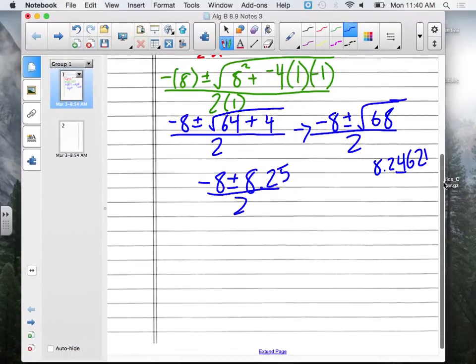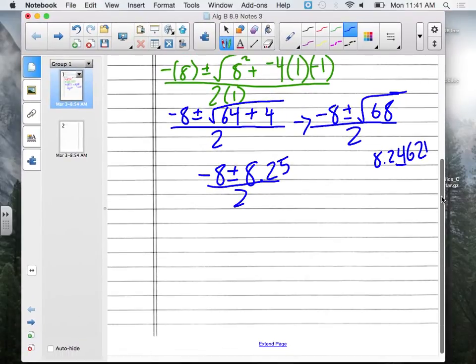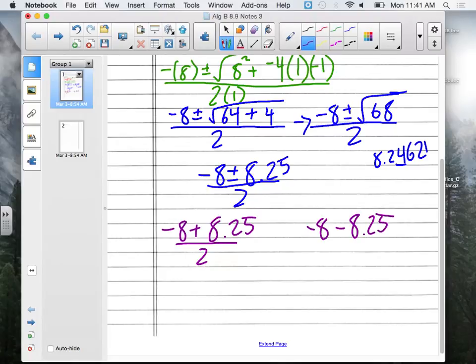All right, so we're at a point where we can just split these up, right? So what are our two expressions that we have? Negative 8 plus 8.25 over 2. Okay, that's one. Negative 8 minus 8.25 over 2.